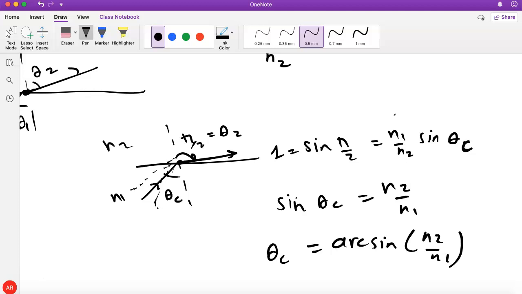If n2 is smaller than n1 and your incident angle is too large, the entire thing gets reflected, and we can find this critical angle by just looking at the case where theta 2 is pi over 2. At that critical value, it's really not transmitted, right? It's just bent so much that it's tangent to the interface.